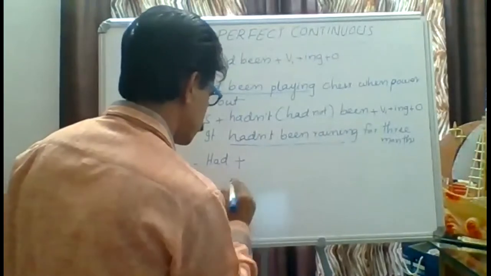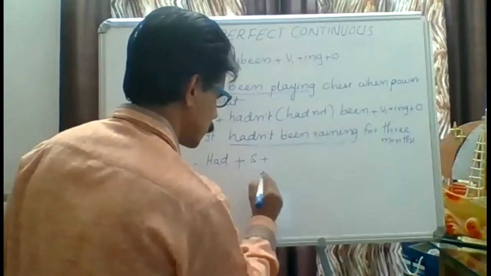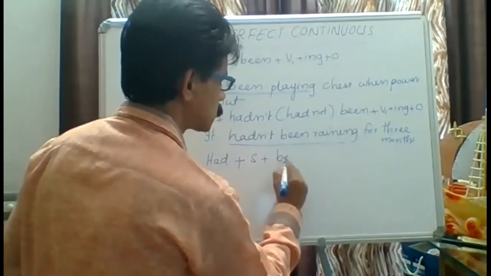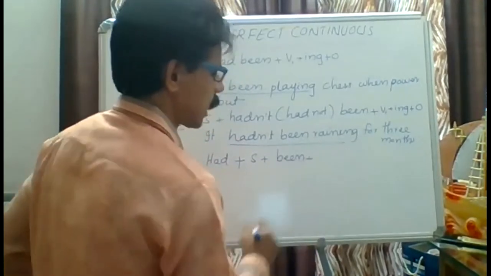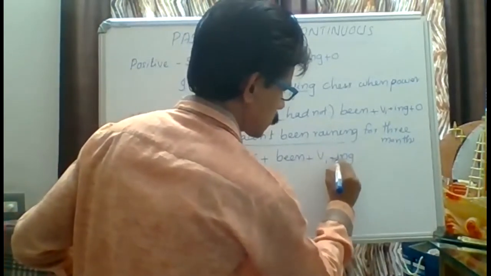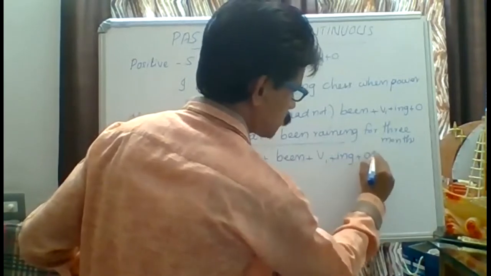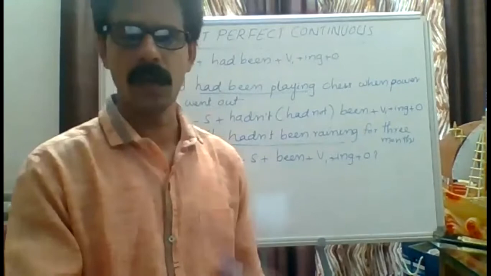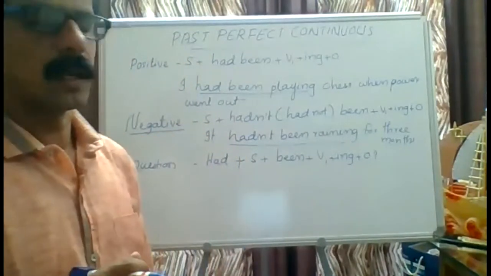Had is followed by the subject, then been, then V1 plus ing form, that is the present participle, plus object and a question mark. This is the method of framing the question.